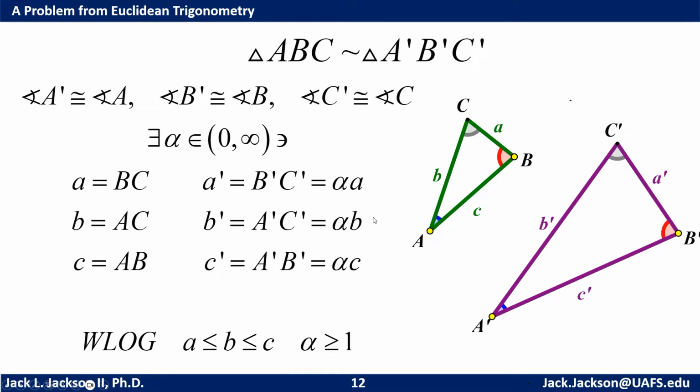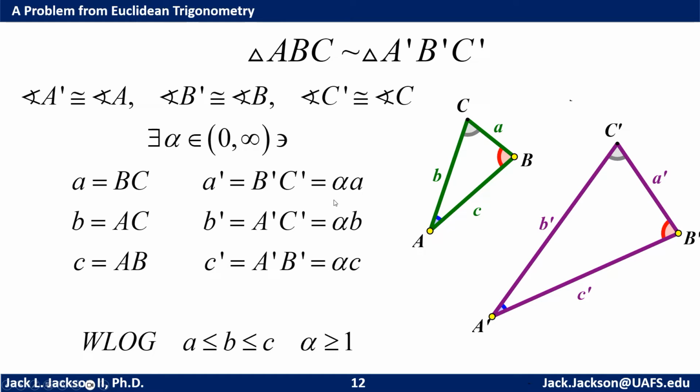So far, what do we have? We have all the corresponding angles are congruent. Well, that makes them similar. So let's let the sides of the original triangle ABC be little a, little b, little c, labeled like this. Little a is the distance from B to C. Little b is the distance from A to C, and lowercase c is the distance from A to B. Now the corresponding lengths over here could be called a prime, b prime, and c prime.